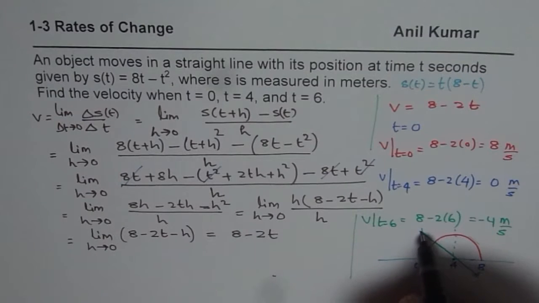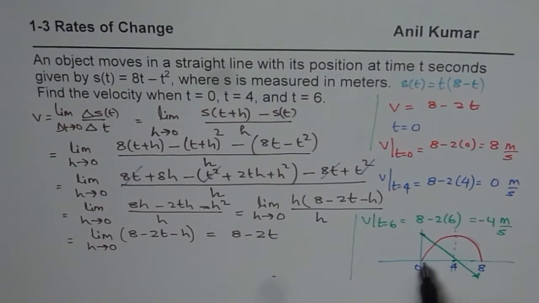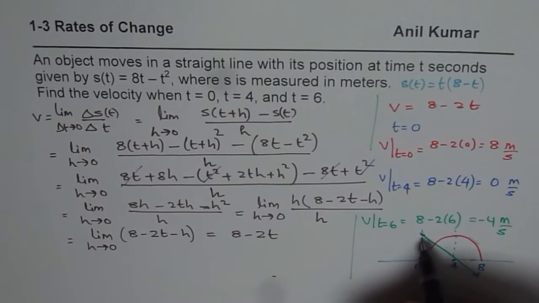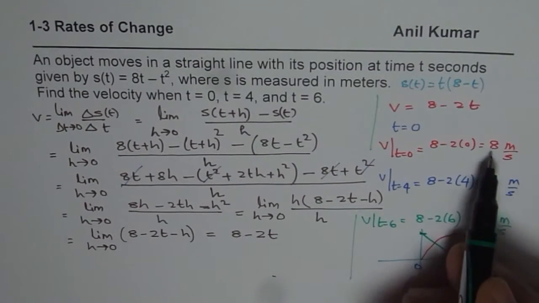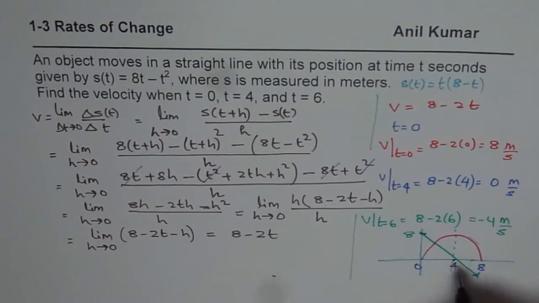This is the velocity for the displacement function. This value is 8, this value is 0, and at 6 it will be −4.